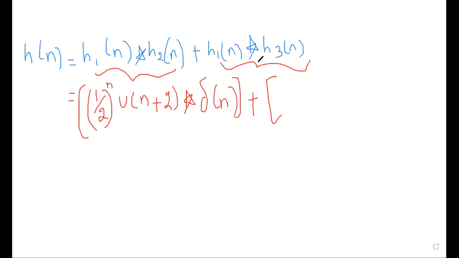My second term is (1/2) to the power n into u of n plus 2, convolution with, tell me, h3 of n, which is u of n minus 1. Okay, very good.